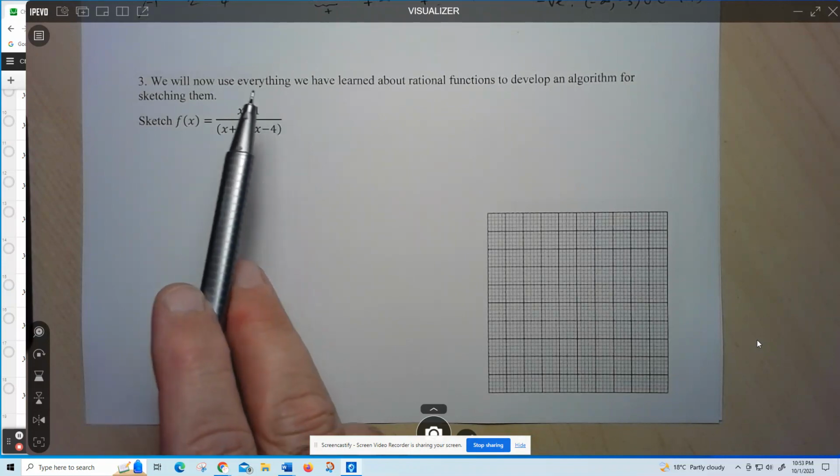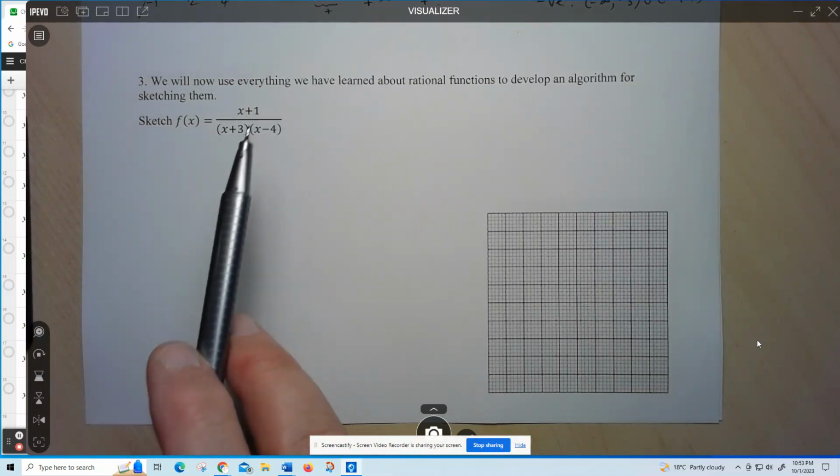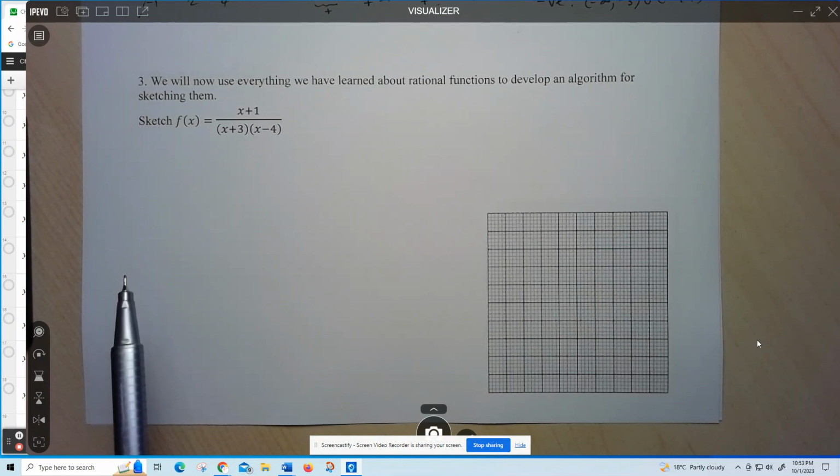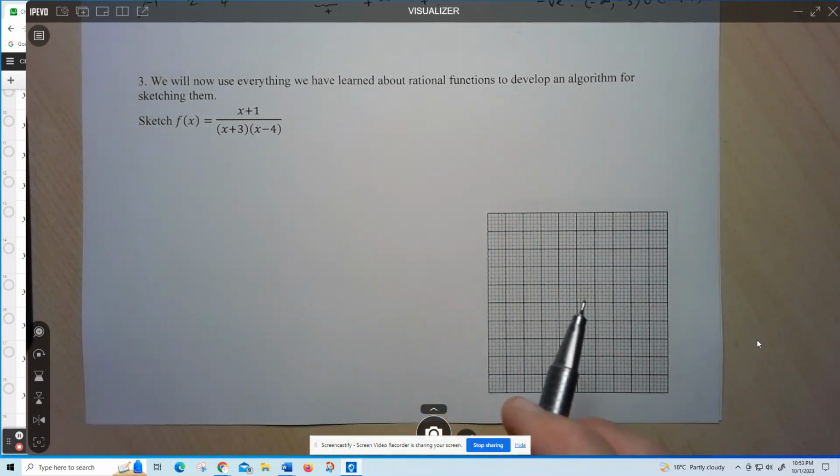Now notice here, it's already in factored form, so some of the work's been done for you. I'm going to try to come up with a list of all the characteristics you can determine and then try to bring that onto the graph. So we'll give you about 10 minutes to work on that.